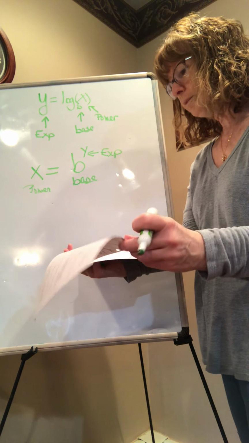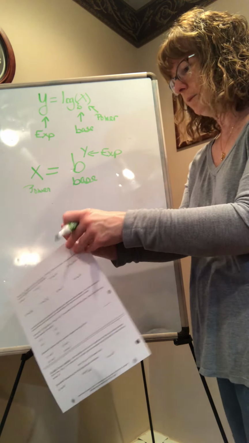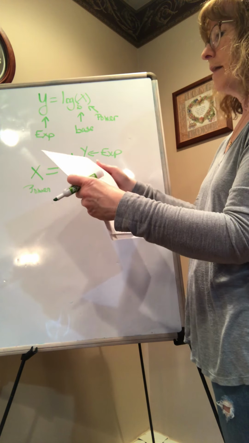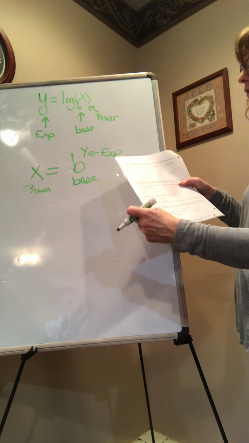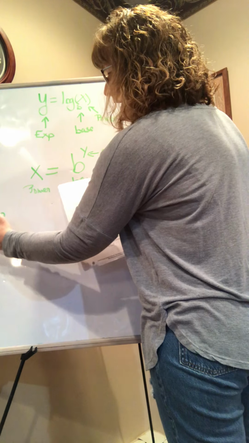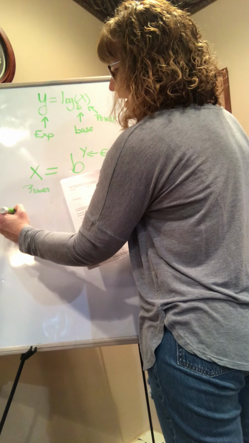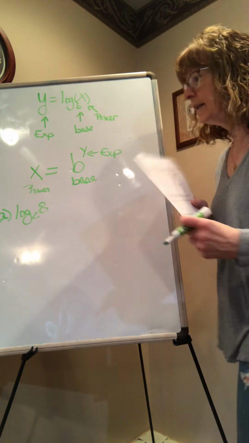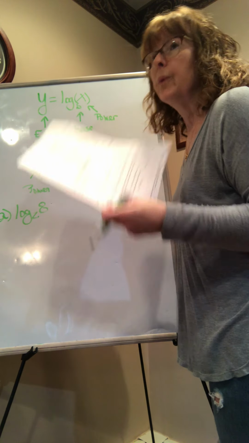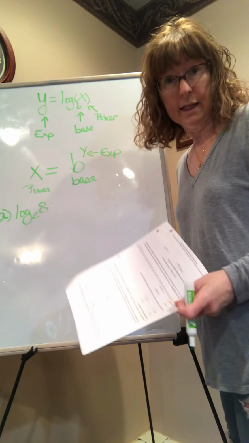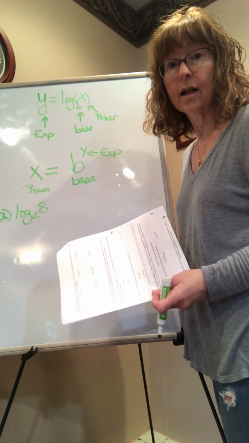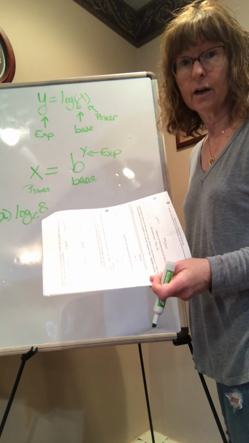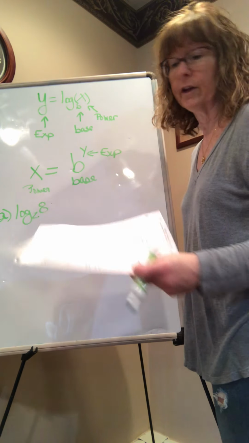So the next page had a whole bunch of problems. And these problems on exercise 2 for A had log base 2 of 8. Now, we can do two things. We can put it into exponent form and we can solve it, and then we could type it into the calculator. So that's why I need you to have your calculator.